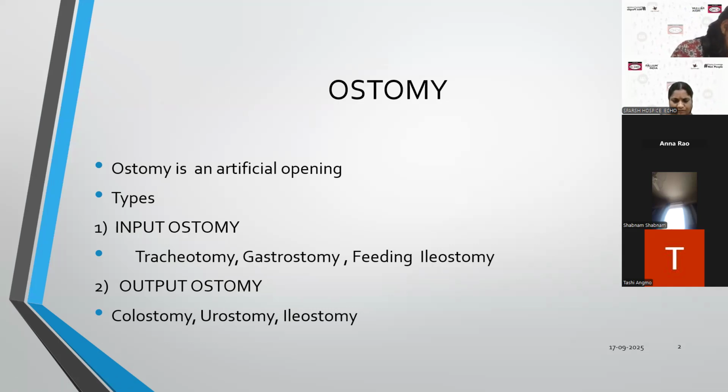So what are the types? There are two types basically, for the purpose: input ostomy and output ostomy. Some examples of input ostomy are tracheostomy, gastrostomy and feeding ileostomy. Another is output ostomy, with examples like colostomy, urostomy and ileostomy.